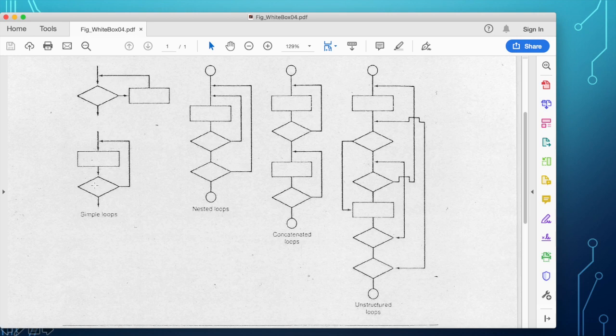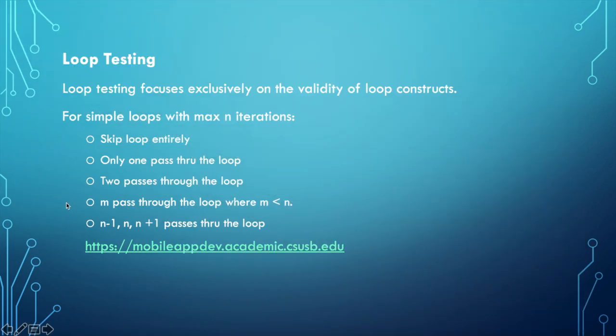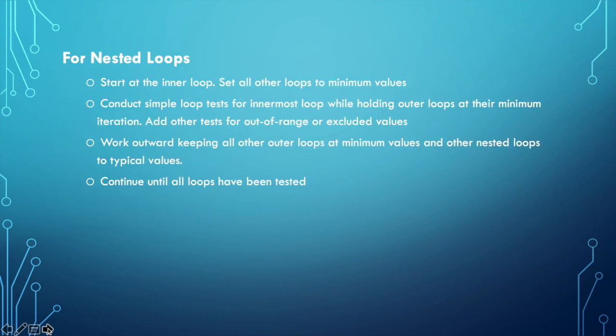Now, how about nested loops? We have these nested loops that we always encounter in our algorithm or pseudocode. So for nested loops, start at the inner loop, set all other loops to minimum values.